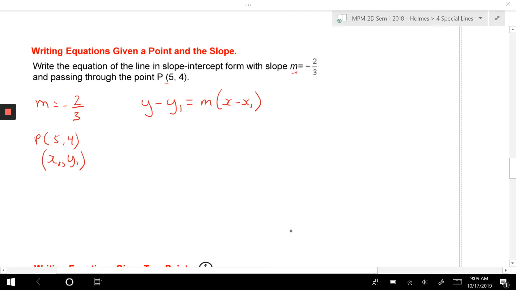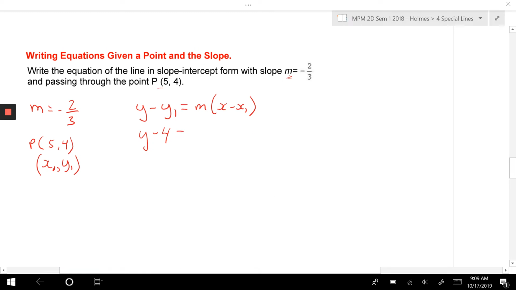So I simply sub in these values now. Y minus y1 is y minus 4, that's my 4 value, is equal to my slope, which is minus 2/3, times x minus x1. X1 is that value of 5 here.